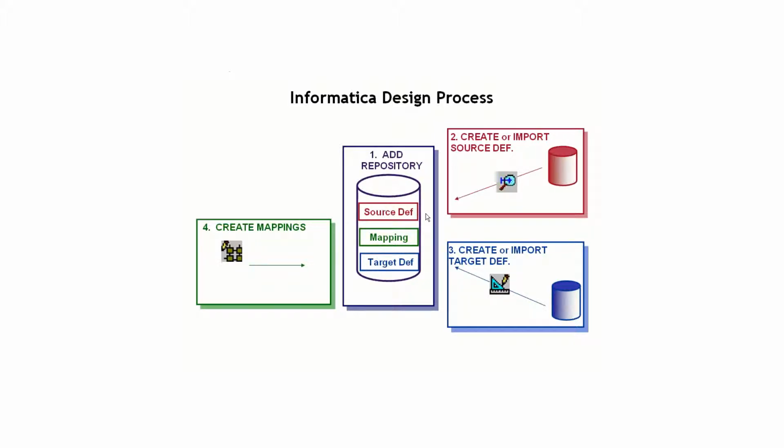Then after you add the repository, then the ETL process: you define the source structure, you define the target, then you create a mapping. Then the fifth step is to load the data. So this is the process of design in Informatica.